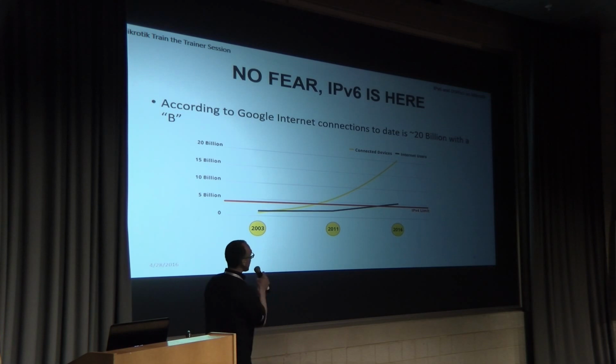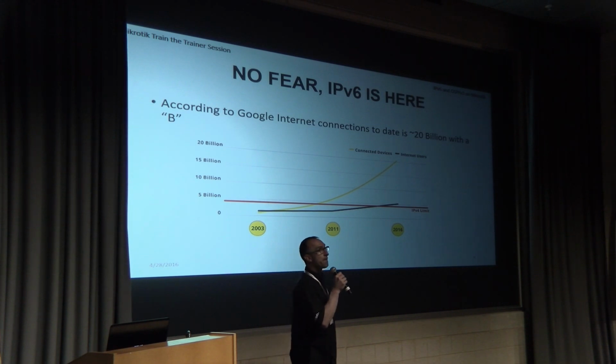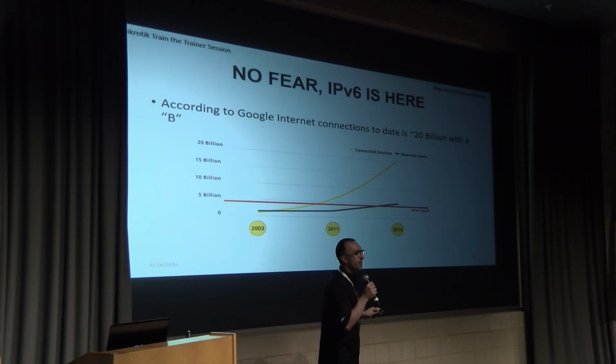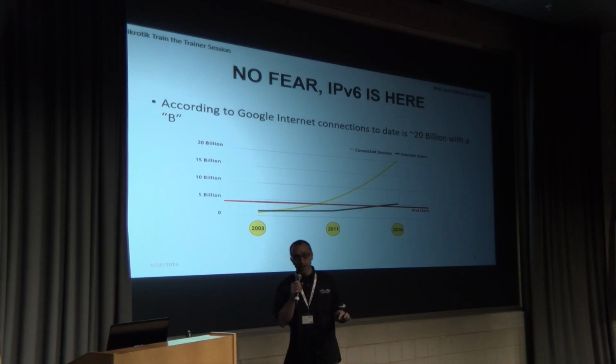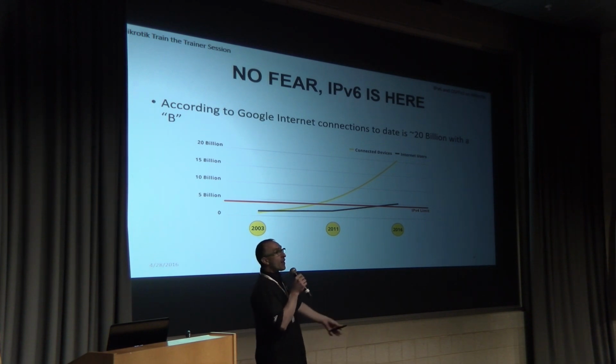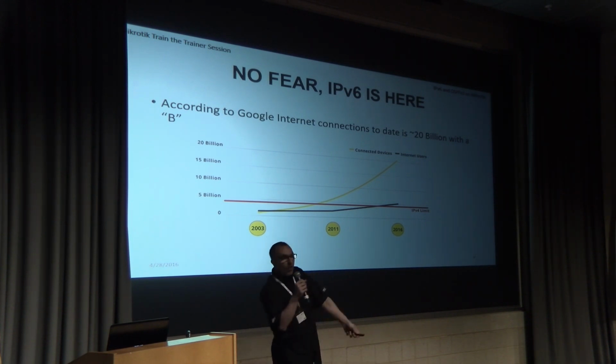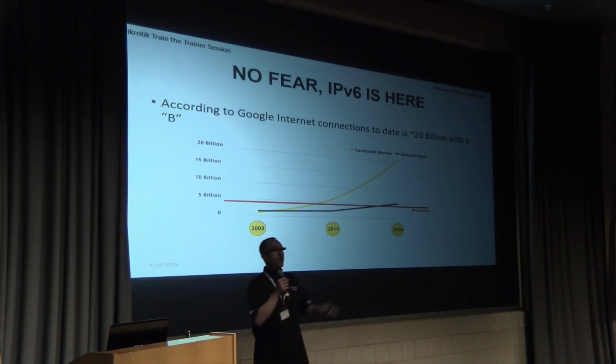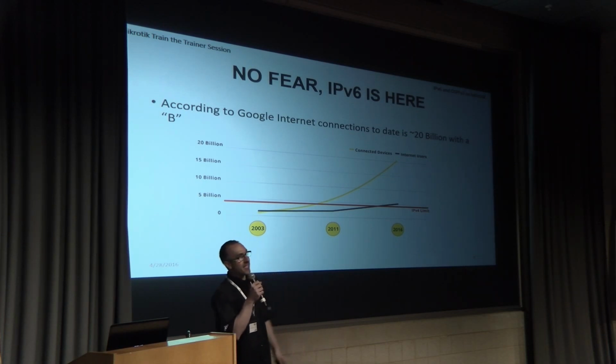So basically that's 20 billion, with a B. When we talk about that, we know that you not only connect your computer, your laptop, your tablet, your smartphone, but with domotics even your refrigerator, your laundry machine, whatever, even your pillow has connectivity. Everything is now connected. Some vendors name it the Internet of Things. So you know the need.